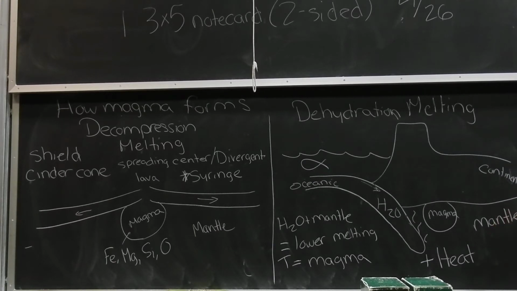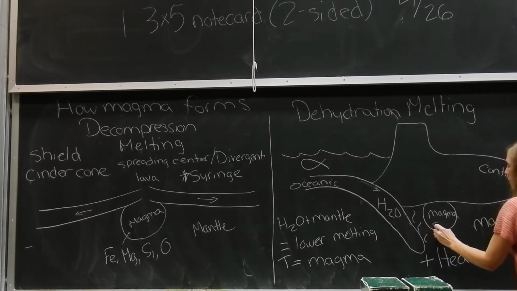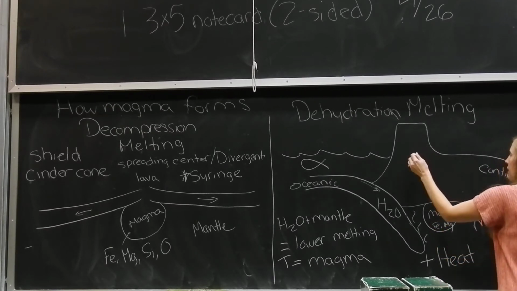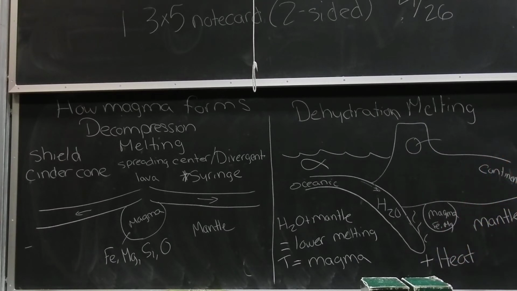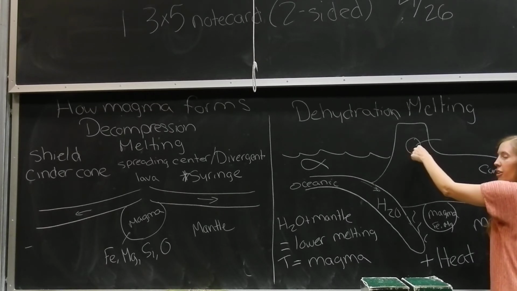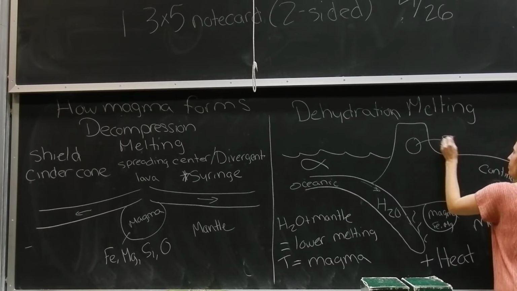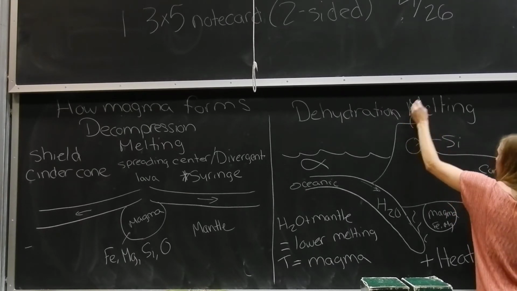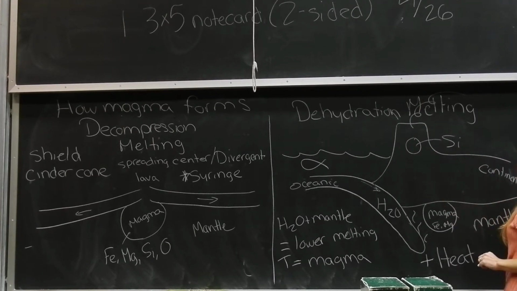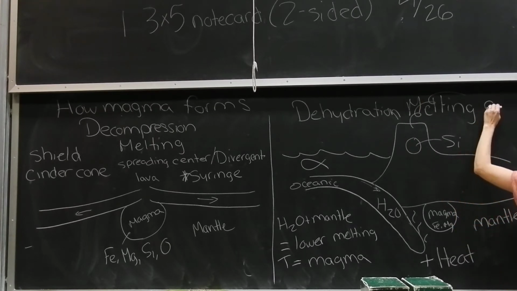Now, we know that when you melt mantle, you have iron and magnesium. So that's what we're going to find down here. But by the time the magma gets up here, it has a completely different chemistry, doesn't it? What one element does it specifically have more of by the time it reaches here? Silicon. Right? Lots and lots of silicon, which means we have lots and lots of explosions in the form of our composite volcanoes.